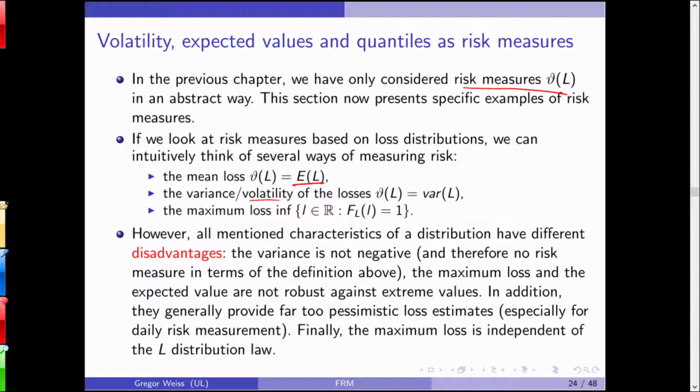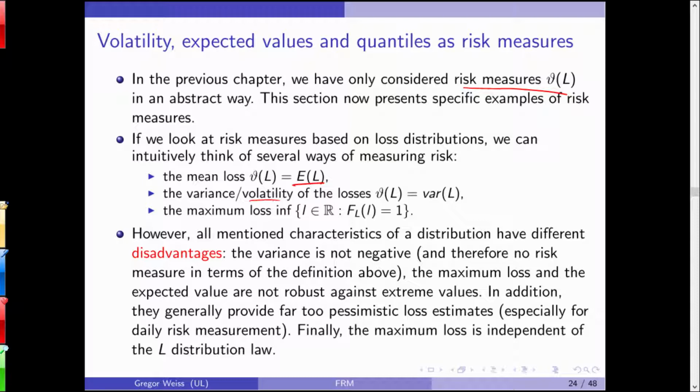First of all, variance is non-negative. It can be zero or it can be positive. That means, in terms of the definition given above of a general risk measure, it's actually not a risk measure, and this makes sense. We've talked about this, that volatility gives you an idea how wiggly the time evolution of stock returns, for example, is.